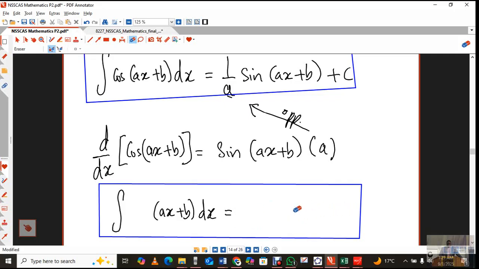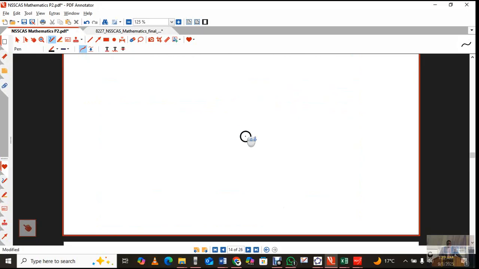If we write the integral of sec square of that thing with respect to x, then it's 1 over a tangent of ax plus b plus the constant of integration. Very important. I knew somehow that was a little bit out there, but got it at the end. Right, let's go to the next question.